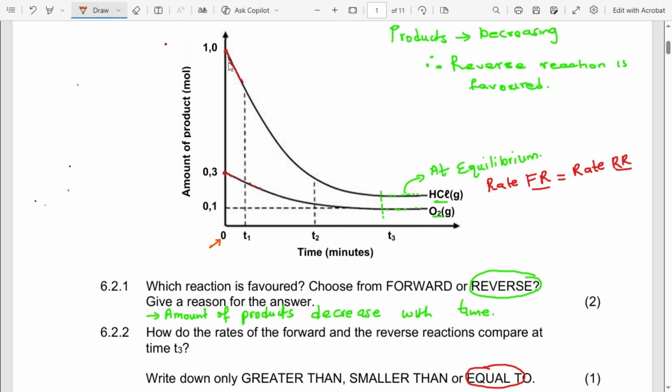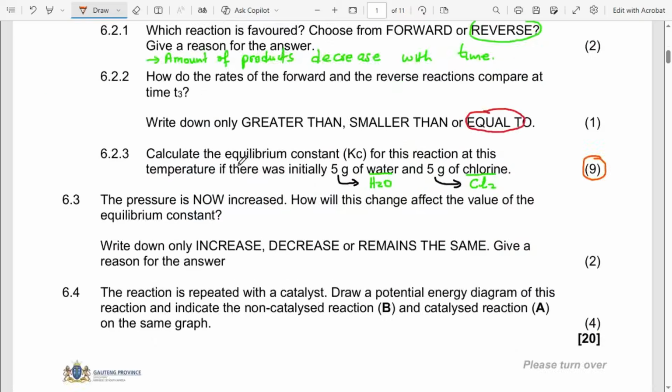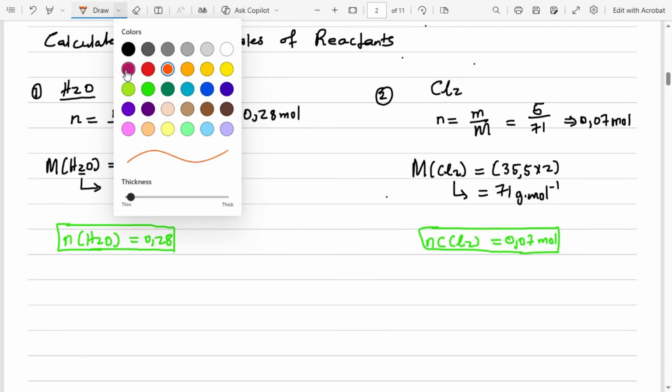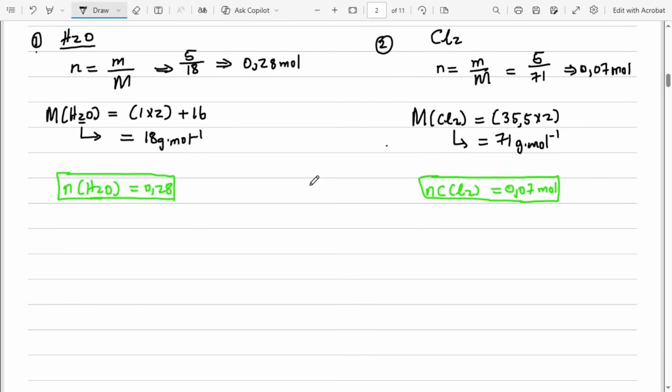This tells you that initially we started with HCl of 1.0, and initially we started with 0.3 of O2. So I'm going to write those number of moles down here, because we're definitely going to need them.